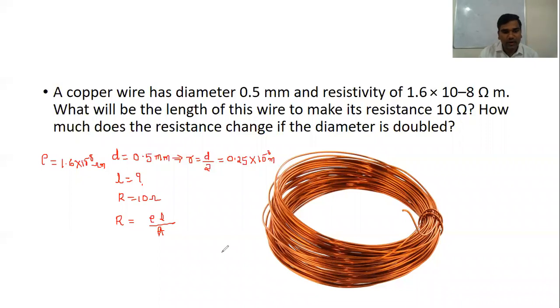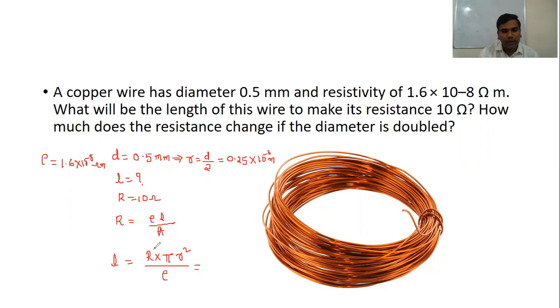Now using this formula, we have to find L. L is equal to R into A. Instead of A, we can write pi r square, since area is pi r square. Then L is R into pi r square by rho.